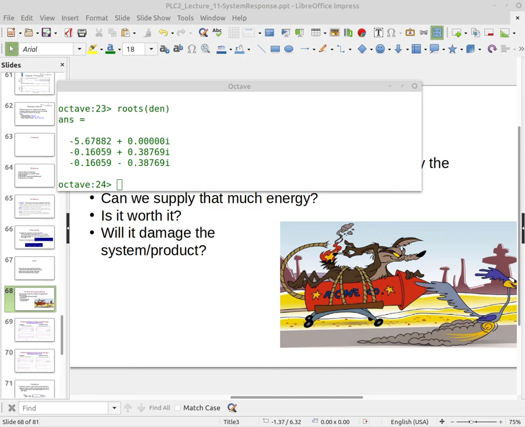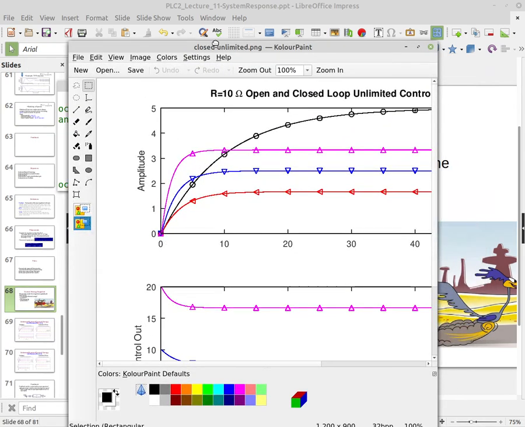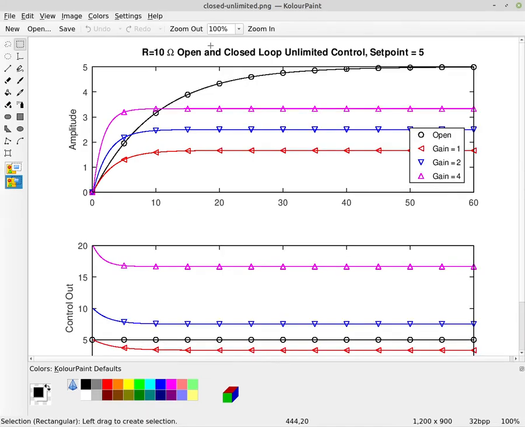Here is an example of a system that has quite a bit of resistance. This was an RLC circuit, and the open loop circuit has a capacitor equal to 1 farad, an inductor equal to 1 Henry, and a resistance equal to 10 ohms, which means that we have a lot of resistance.